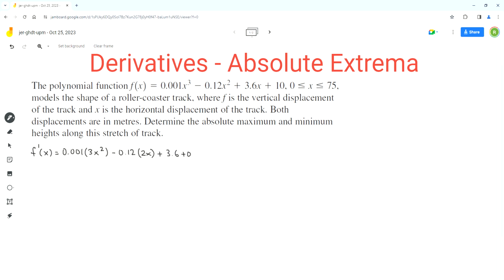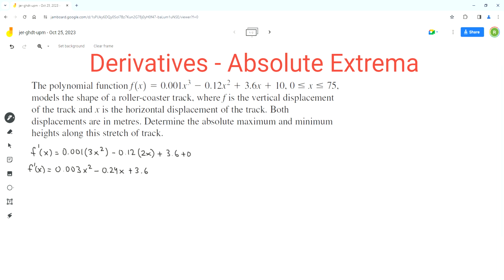Now we can simplify this expression. So f prime of x equals 0.003x squared, since we multiply 0.001 by 3, and then we multiply 0.12 by 2, so negative 0.24x plus 3.6.